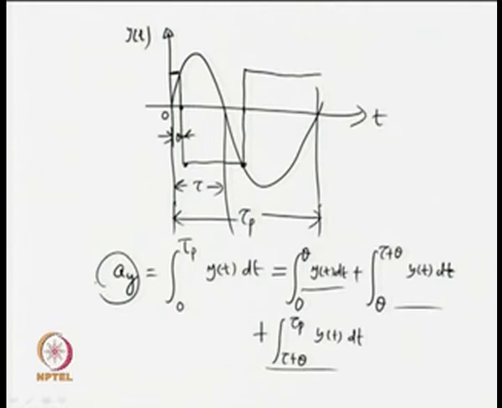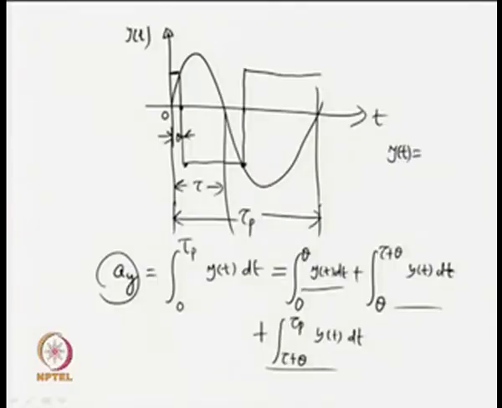To find the area of the output signal, I need to find the state of the system at different instants of time, because we know that the output can be found using the state variables x(t), where y(t) becomes c x(t). C is the constant of the dynamics of the second order plus dead time system.